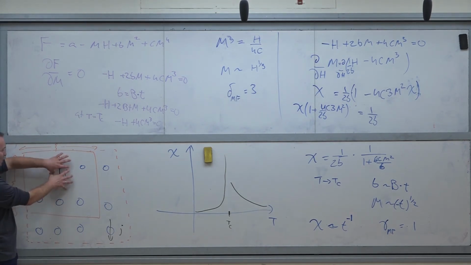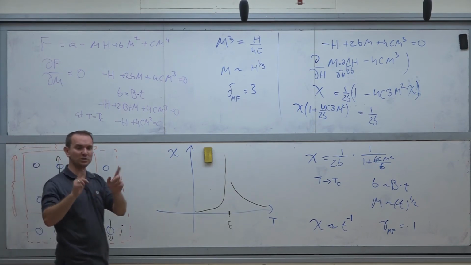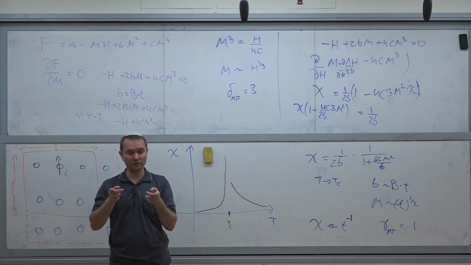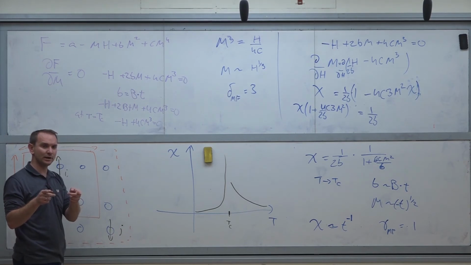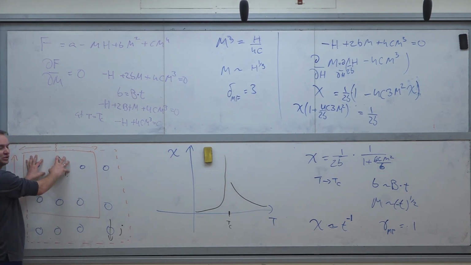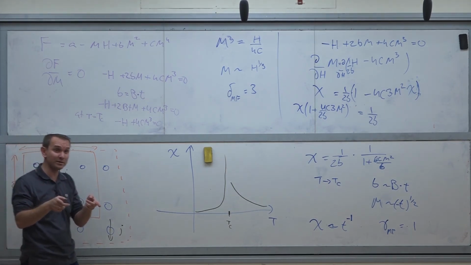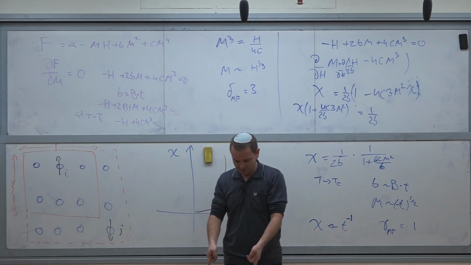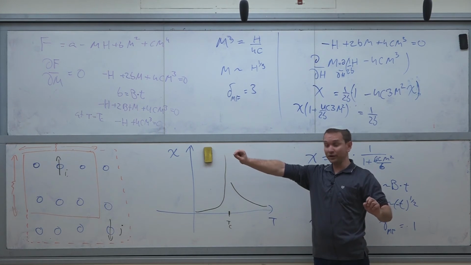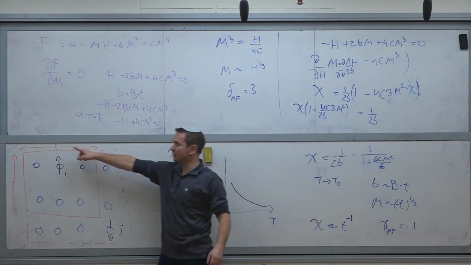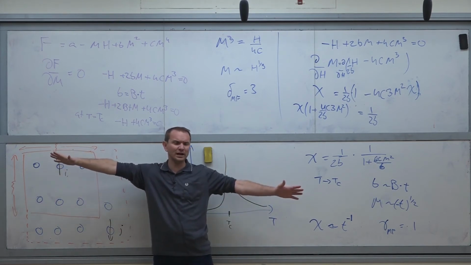Exactly at the critical temperature, instead of single particles switching their direction, whole clusters of particles are momentarily switching from down to up. Exactly at the critical point, we say that the correlation length actually diverges. It includes the whole size of the system.